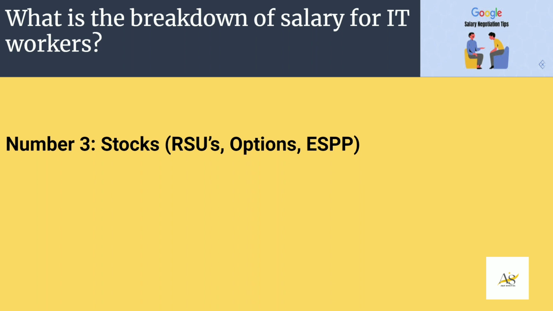And last but not least is what they call an ESPP program, Employee Stock Purchase Program. Now, this program basically gives you the right to buy your company stock at a certain discount, usually like 5, 10%, 15% sometimes.